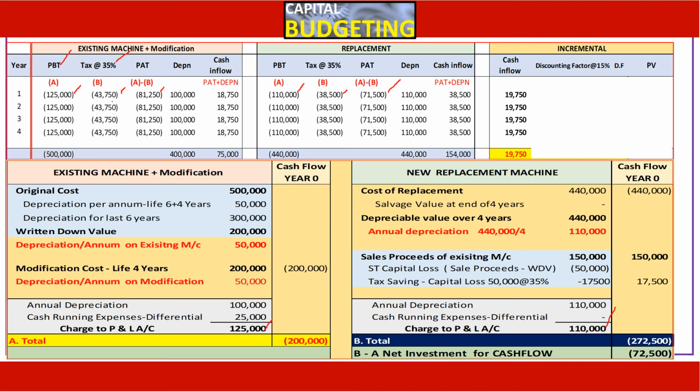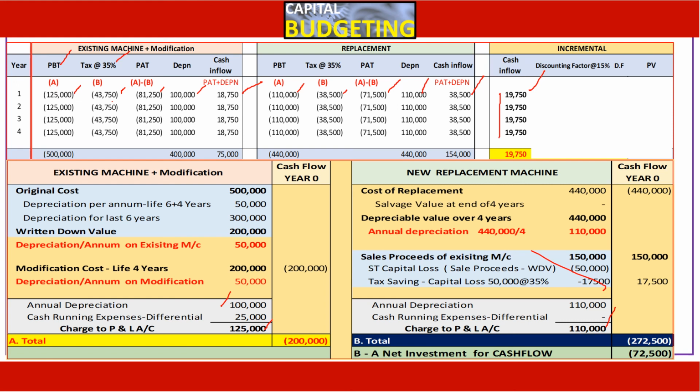After tax, we add the depreciation back, depreciation of 1 lakh and depreciation of 1,10,000. When you add, your cash flow is 38,500 and 18,500. And the incremental cash flow is 58,000 minus 38,500, 19,500 for 4 years uniformly.